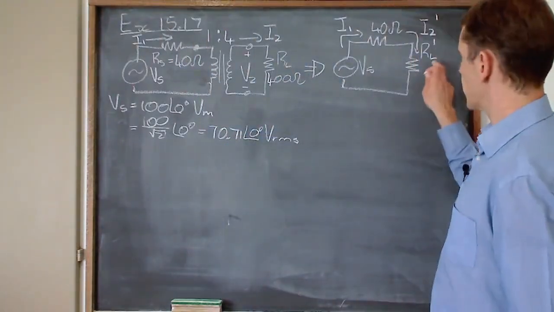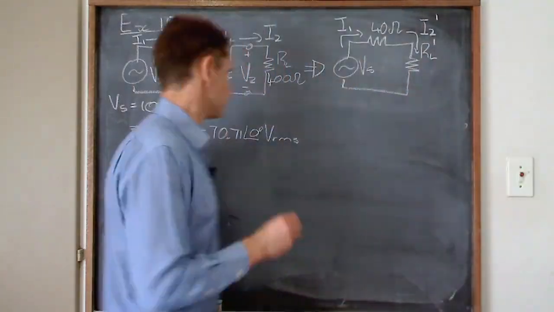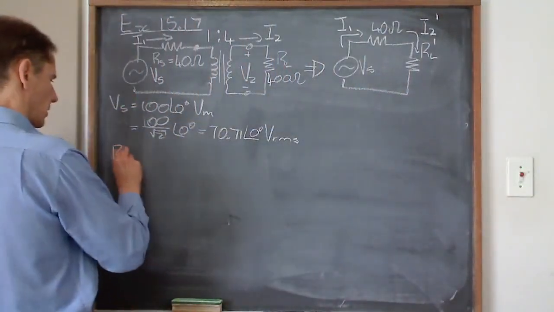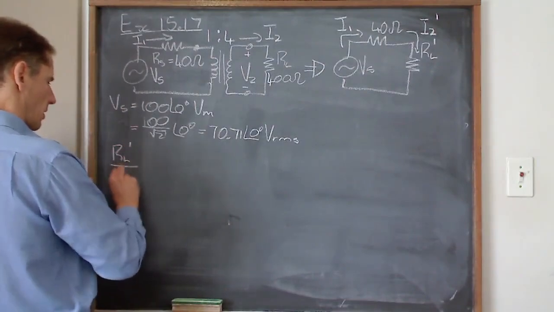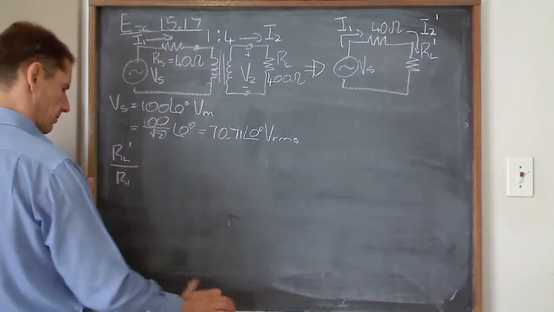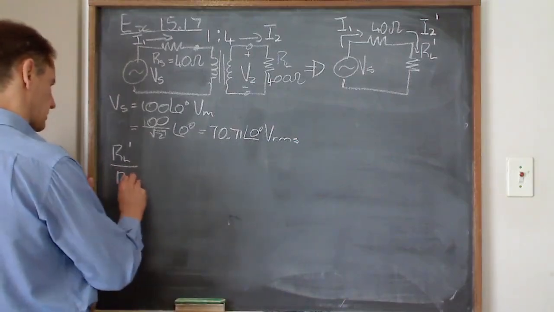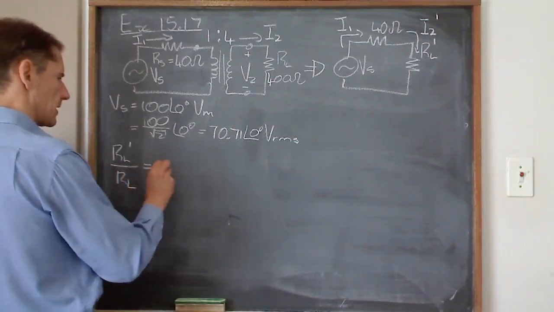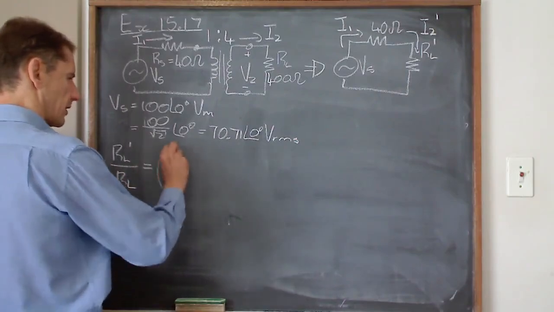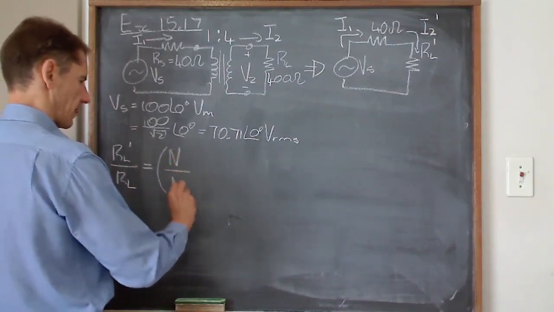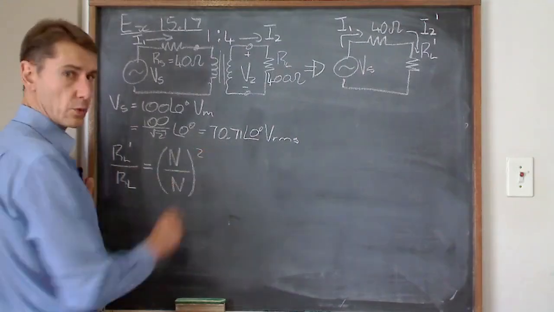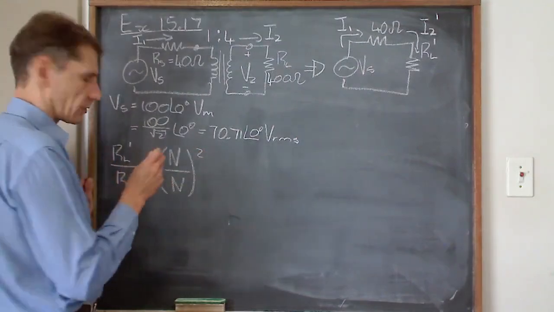Step one, let's get RL prime. RL prime over RL equals N over N squared. Which one? I always get confused.